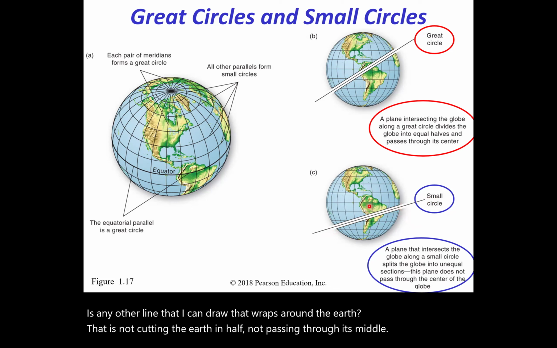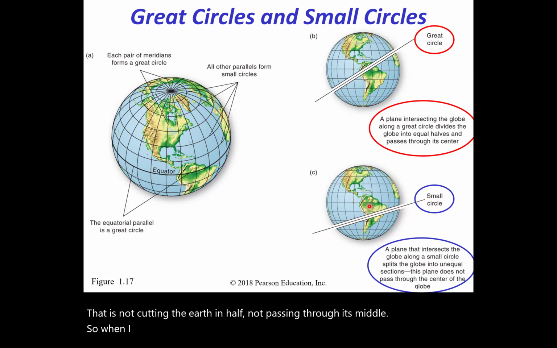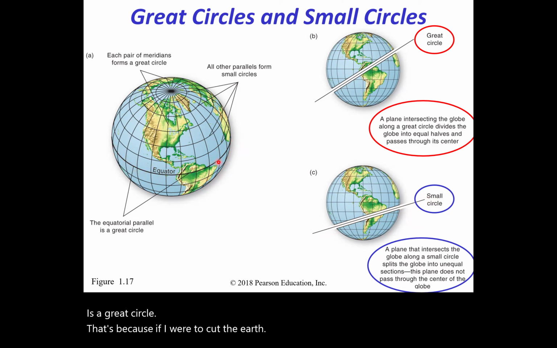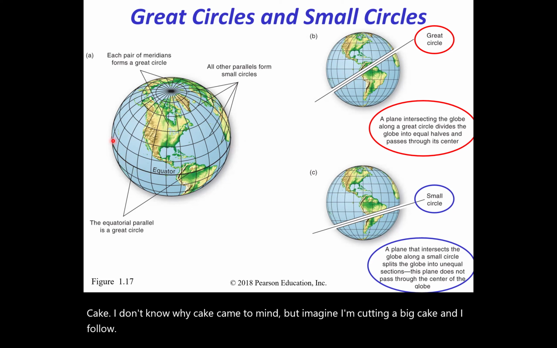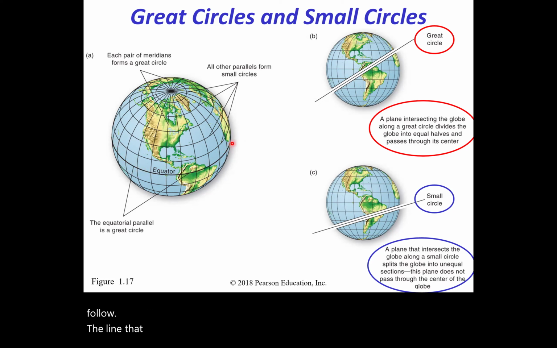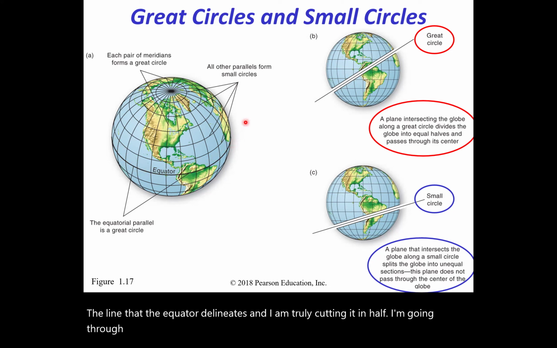So when I said the equator is a great circle, that's because if I were to cut the Earth in half right along the equator, imagine I'm cutting a big cake. I don't know why cake came to mind, but imagine I'm cutting a big cake and I follow the line that the equator delineates, and I am truly cutting it in half. I'm going through the middle, cutting it in half.